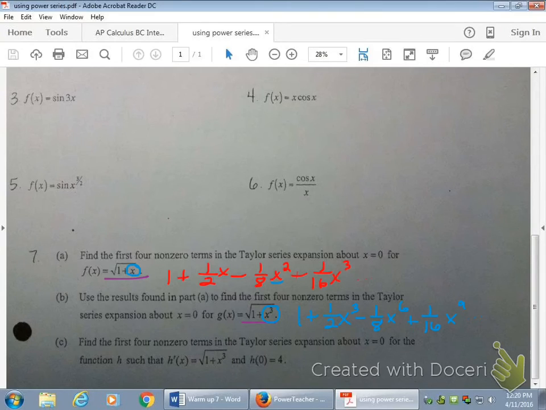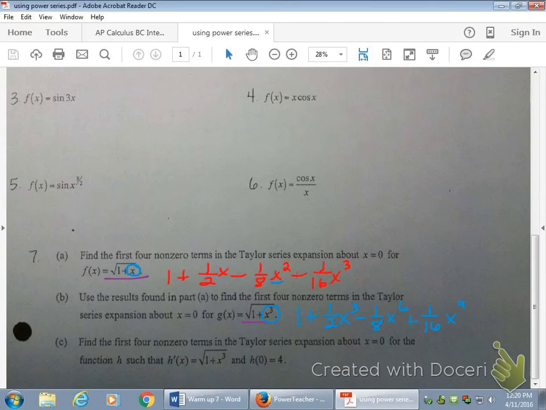C. Find the first 4 non-zero terms in the Taylor series expansion about x equals 0 for a function h such that the derivative equals that and h of 0 equals 4. Now, what you need to know about these series is that if I want to find the derivative, I can just find the derivative of each of those terms, and it would be 0 plus 3/2 x squared minus 3/4 x to the 5th, and so on.